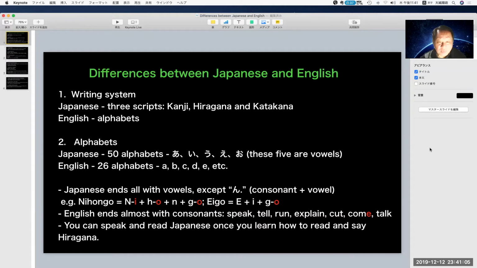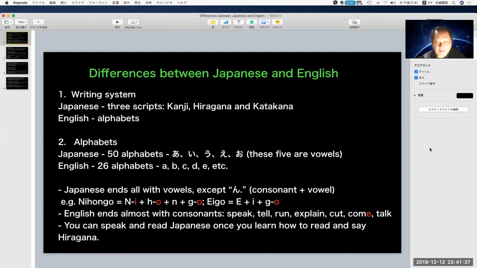As you know, Japanese has three scripts: kanji, which is Chinese characters, and hiragana and katakana. These hiragana and katakana are Japanese inventions on the basis of kanji, of Chinese characters. Whereas English has alphabets, as you know, 26 letters.